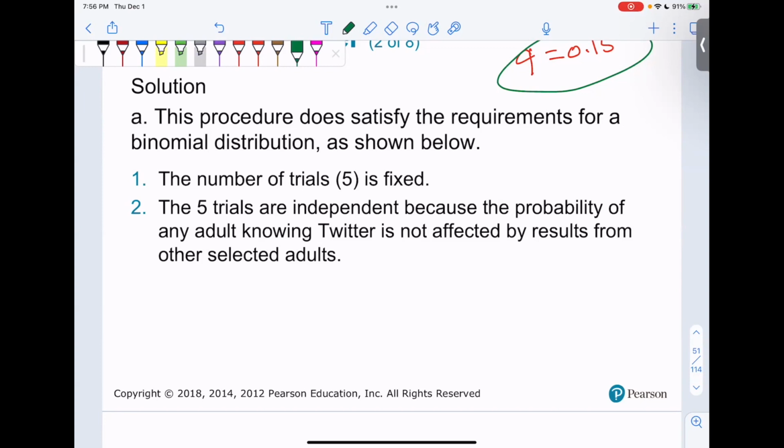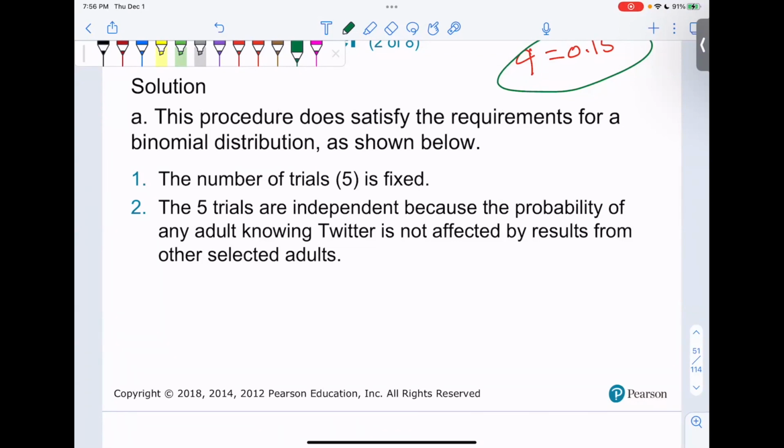Let's imagine we have a bunch of people and we choose the first one. We ask him, do you know Twitter? Yes. Put him back, and then we choose another one. That next one, do you know Twitter? So the answer of the second one is not related to the answer of the first one, right?